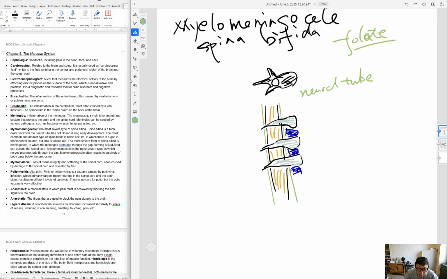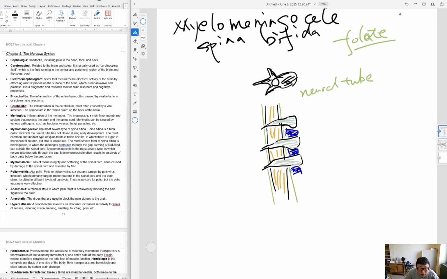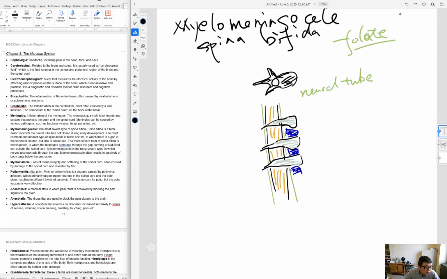However, for any reason, not only folic acid deficiency, some of those may have a gap, so the tube is not closed. But if there's only a gap, it's not that big a deal. I mean, it's still not good, but not a huge deal.